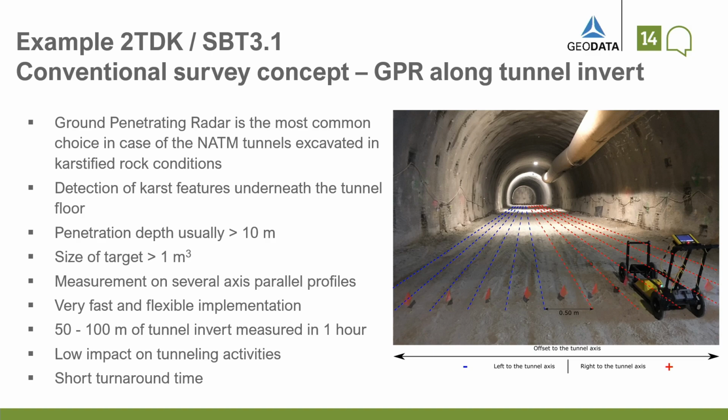Then we deploy as many profiles as we need, and usually we are able to detect karst features or phenomena to a depth of roughly up to 10 meters. Sometimes, especially here on the 2DK, it can be significantly more, with a target size of at least 1 by 1 meter.